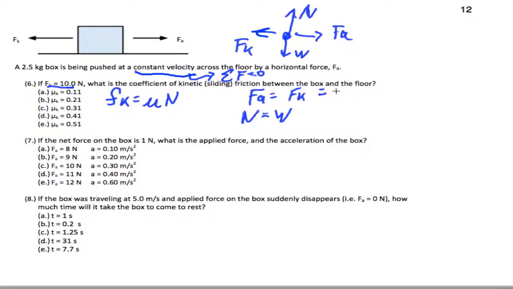So let's go ahead. We realize the applied force is the friction force, which is 10 newtons. Useful? Not sure. But we know the normal is equal to the weight in this case. So we take 2.5 times 9.8.